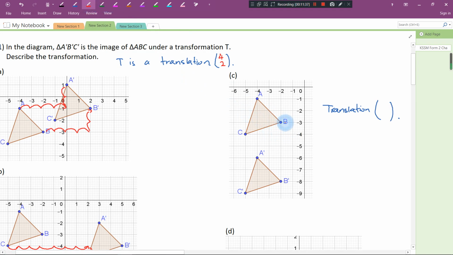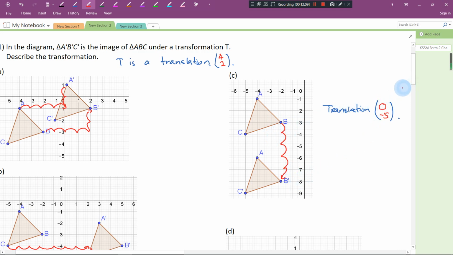Okay, let me use point B. If I use point B, I have to calculate until the point B prime. 1, 2, 3, 4, 5. 5 steps downward, right? I have to put -5. Over here, not here. This is left or right. You will notice that this object does not move to left or right, just moves downward, right? So here you put 0.